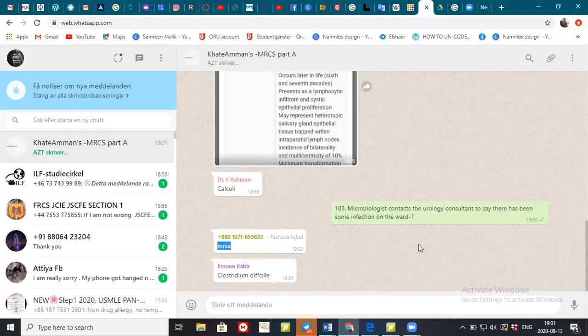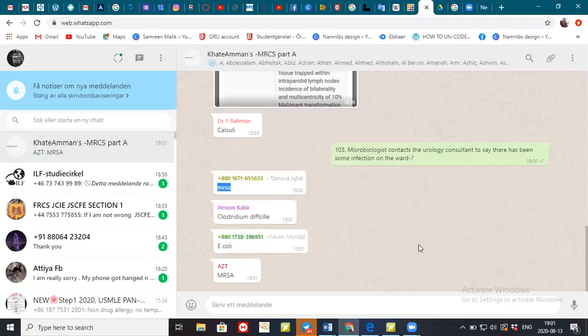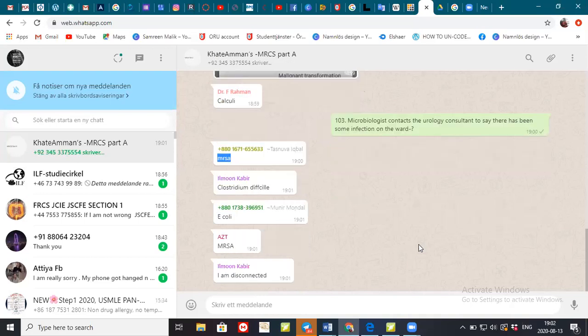How should it be managed? If a carrier, nasal mupirocin; if infected with MRSA, then vancomycin.